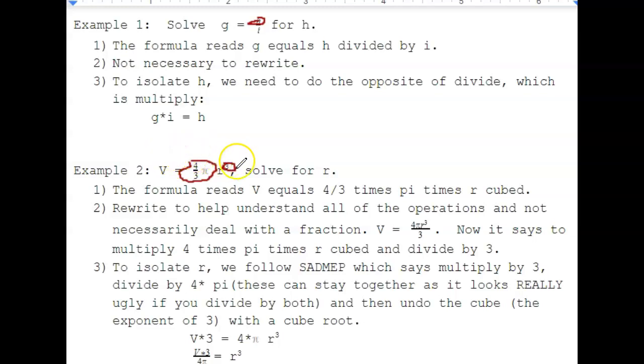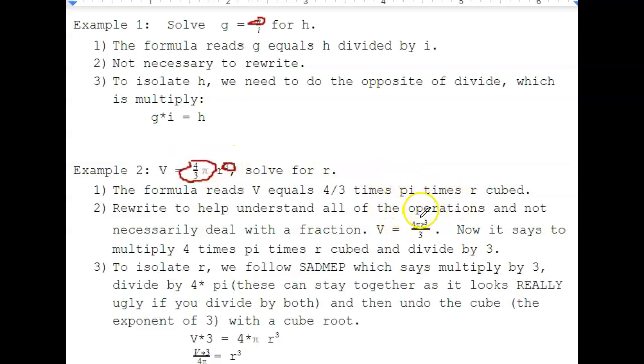Remember, working through StatMep, this would be a multiply problem, and this is your exponent all the way at the end. So I'm going to work through this one. The only thing I want to rewrite on this one is I put that fraction into the whole problem. So 4 times pi times r cubed is all divided by 3 is what this says. 4/3 of all of this stuff.